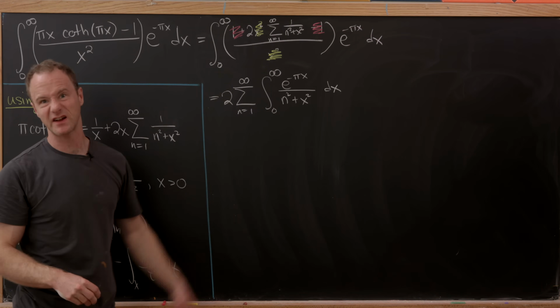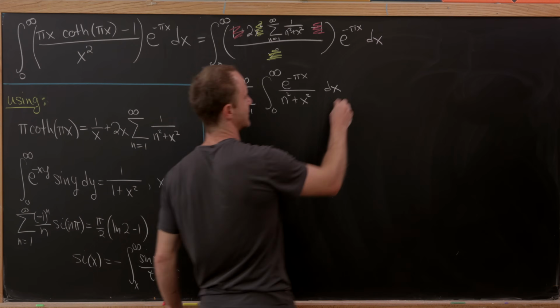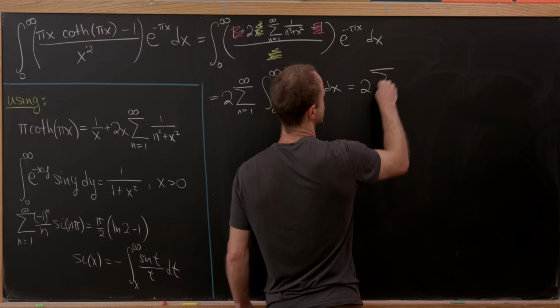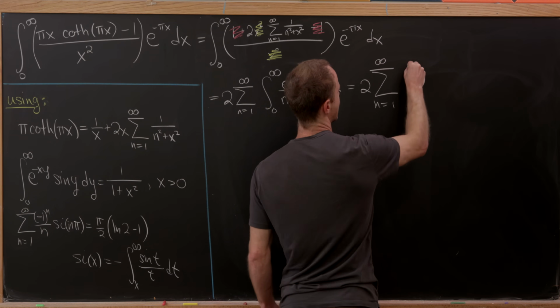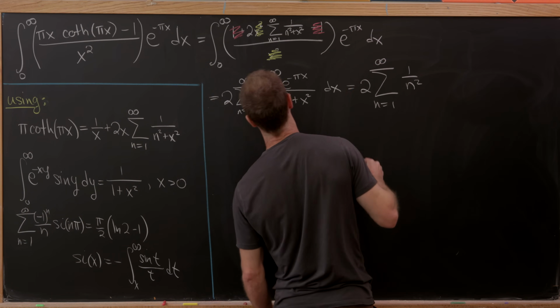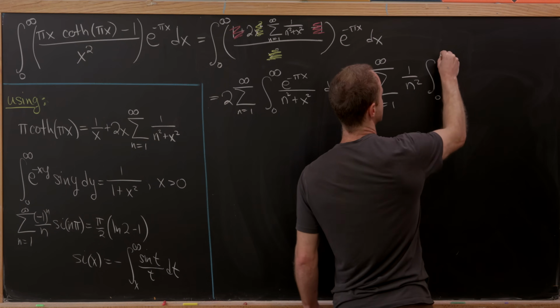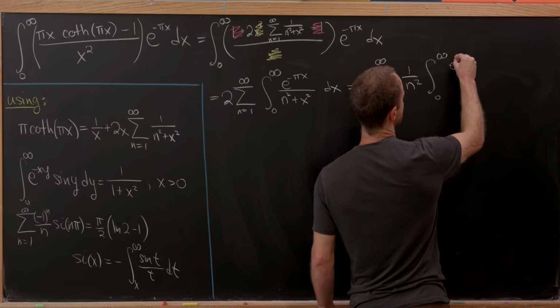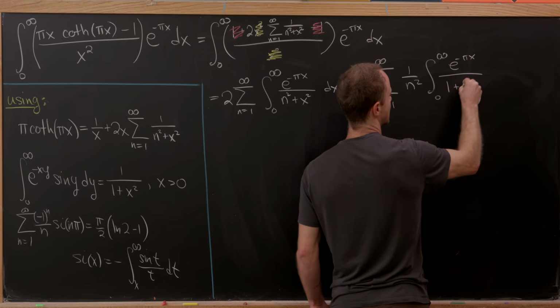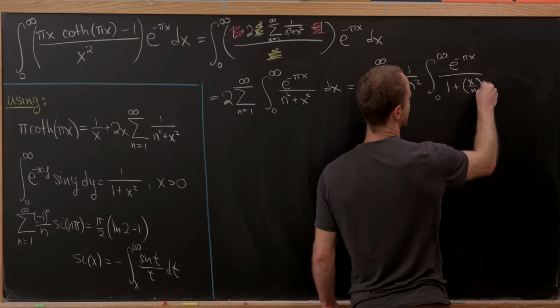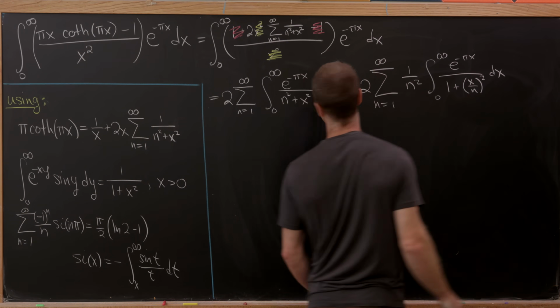Then next up, we'll factor an n squared out of the denominator. So I'll still have my 2, and then I have my sum as n goes from 1 to infinity. Now I'll have, like I said, an n squared factored out of the denominator, the integral from 0 to infinity of e to the minus pi times x over, now this is going to look like 1 plus x over n quantity squared dx.